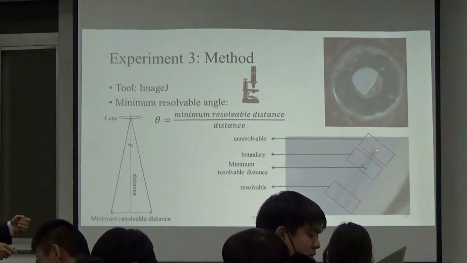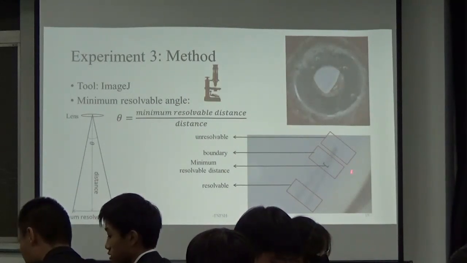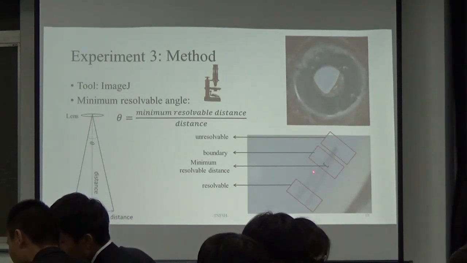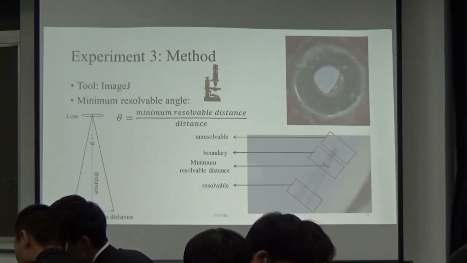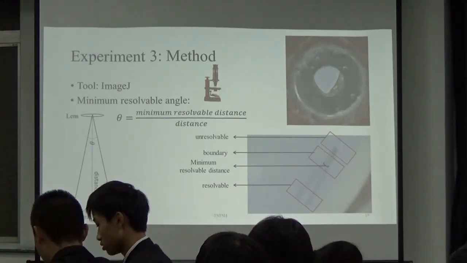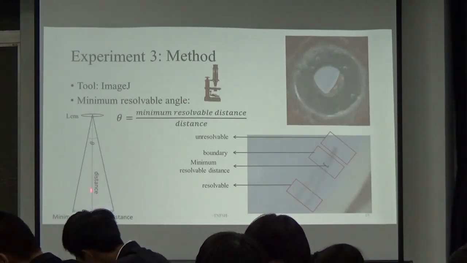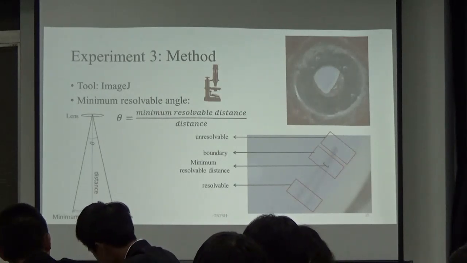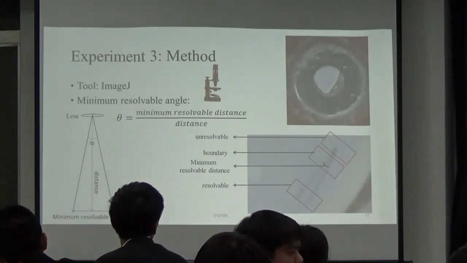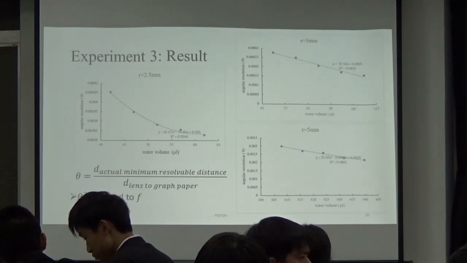Here, we call it unresolvable. This we call resolvable. But at the boundary, we can tell the minimum resolvable distance. I have the minimum resolvable distance, and I have the distance between the lens and the graph paper, so I can tell the angle. And this is our result.